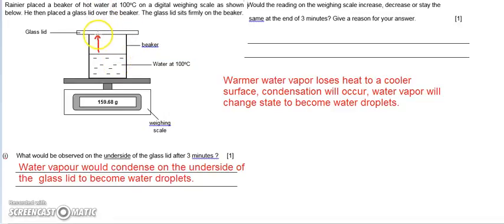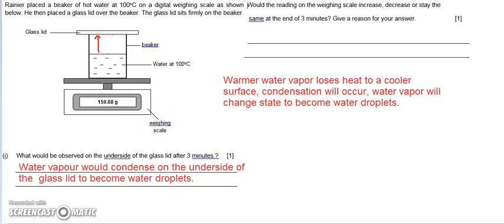It touches the glass lid, it condenses, it becomes water droplets. So when the water droplets get heavy, they drop back into the water. So the whole entire water that we started with is still within the beaker. So if there's no water escaping, would the reading on the weighing scale increase, decrease, or stay the same?